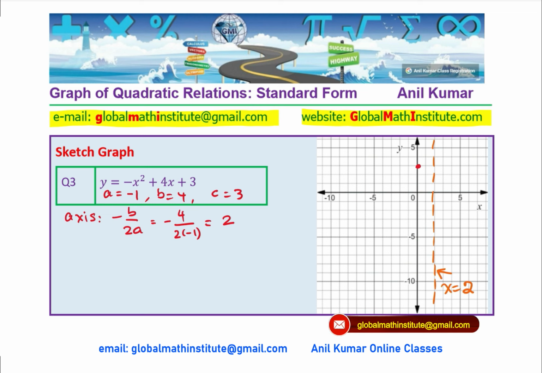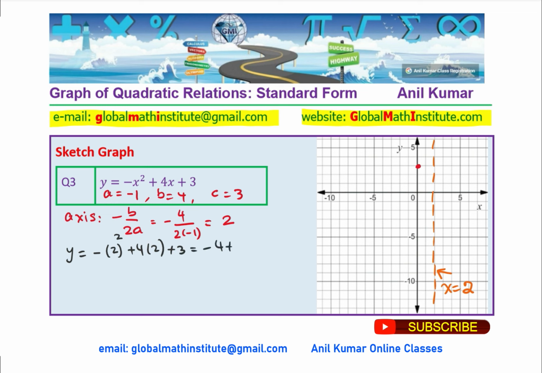Okay. Now, since we have the axis, let's find the vertex. To find the vertex, we'll substitute 2 in y, right? So y is equal to minus 2 squared plus 4 times 2 plus 3, which is minus 4 plus 8 plus 3. That gives you 4 plus 3 as 7.